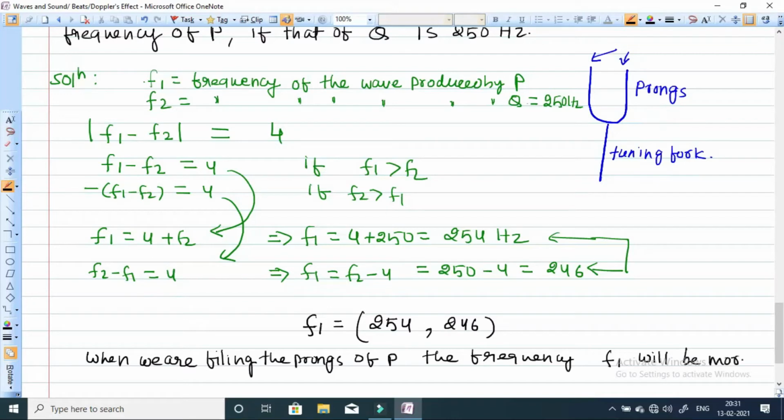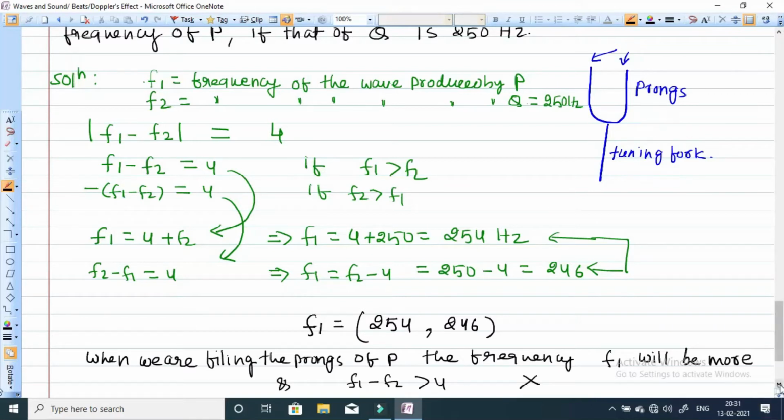And if f1 will be more than 254, then the difference of f1 and f2, where f2 is 250, will be more than 4, but the difference is given only as 4. So when we are filing the prong of P, the frequency will be more, and this difference f1 minus f2 will be greater than 4, which is not possible.